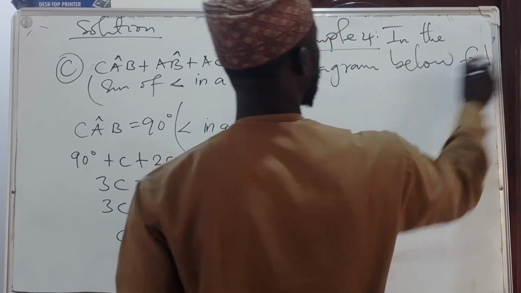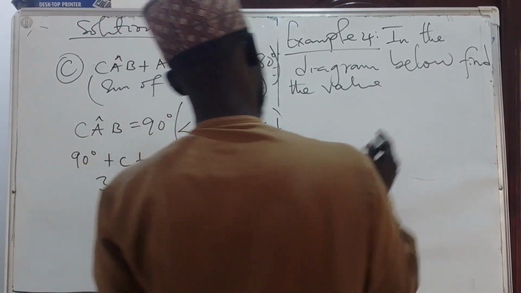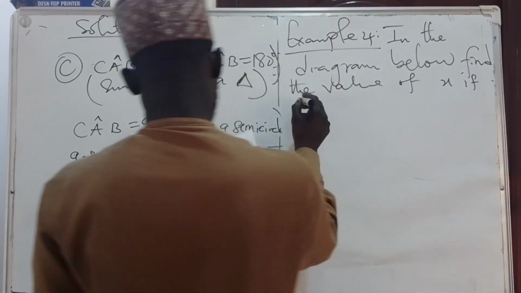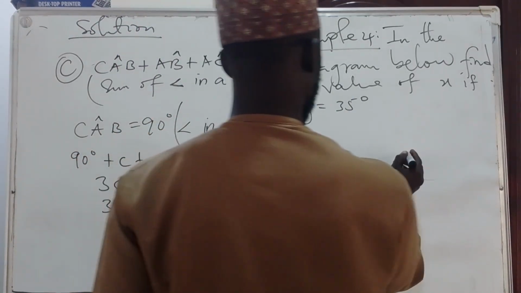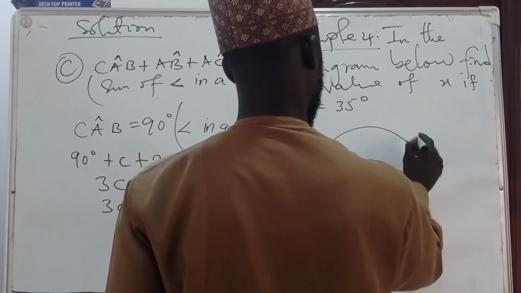Find the value of x if y is equal to 35 degrees. So here is the diagram.